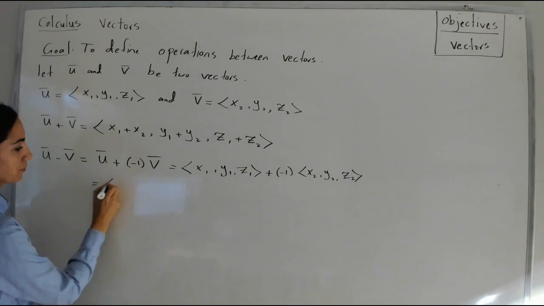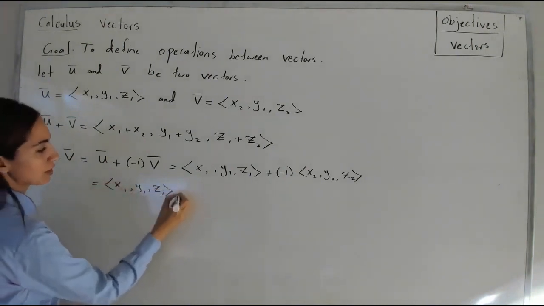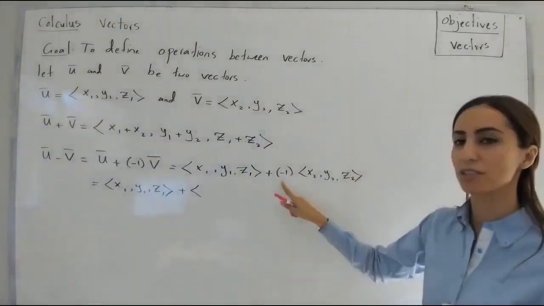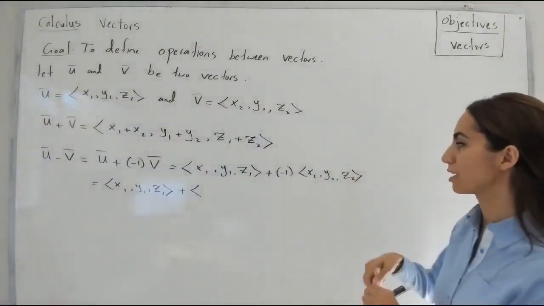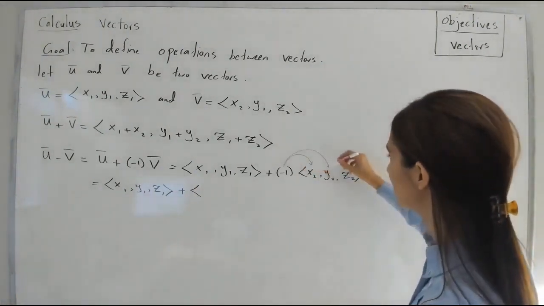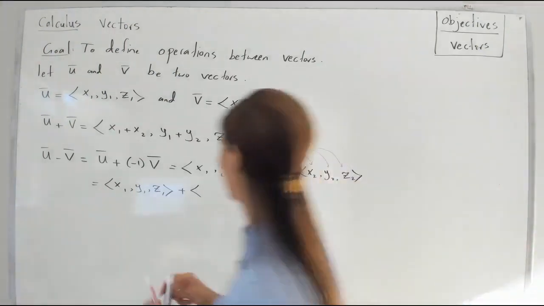This is equal to x1, y1, z1 plus, well, we distribute this -1 into the components of the vector. -1 times x2, -1 times y2, and -1 times z2.